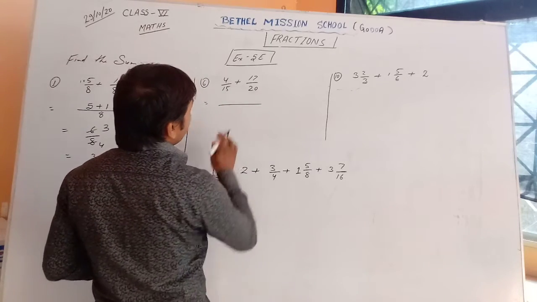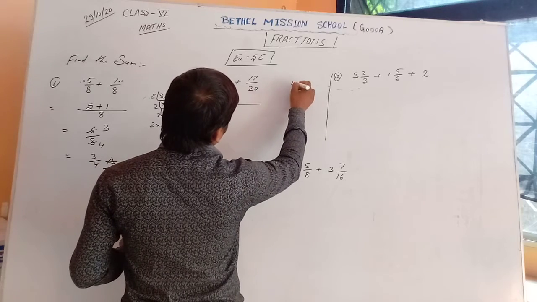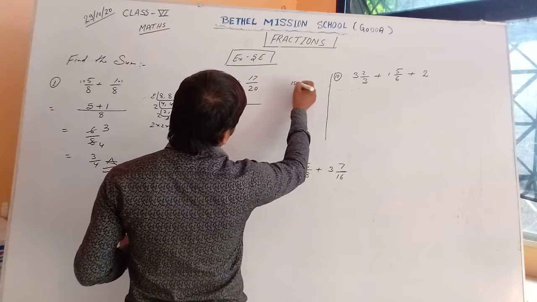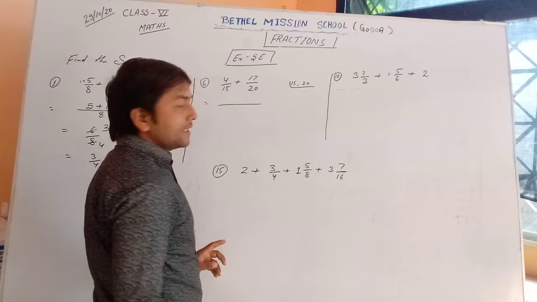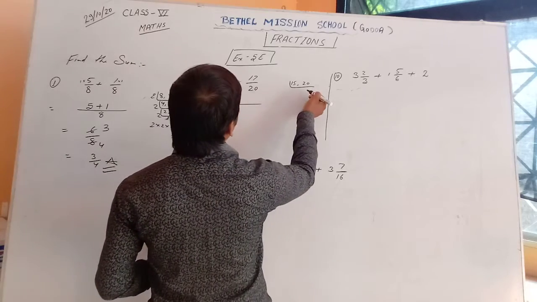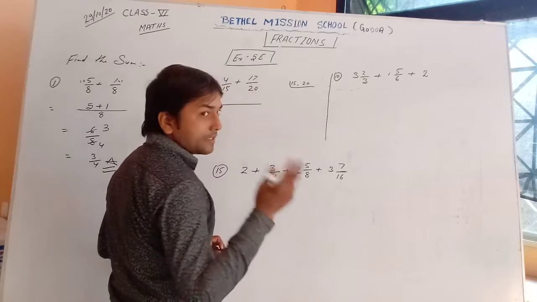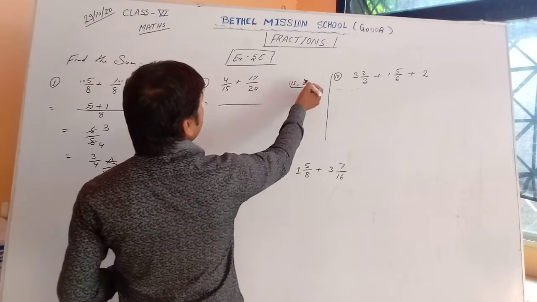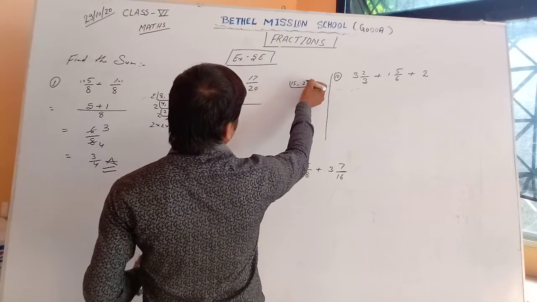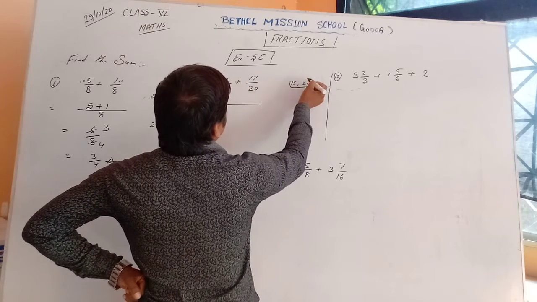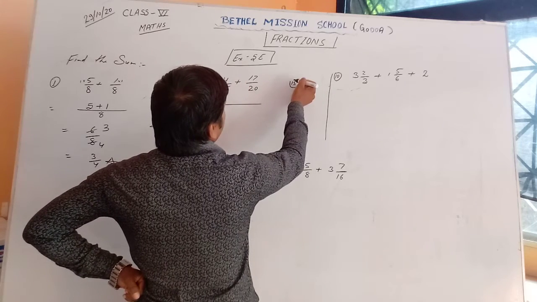Okay, with the same process you have to solve the 6th number. First draw a line, and now take the LCM of the denominators 15 and 20. Divide by 2: this one is divisible, but this one we can't divide by 2.